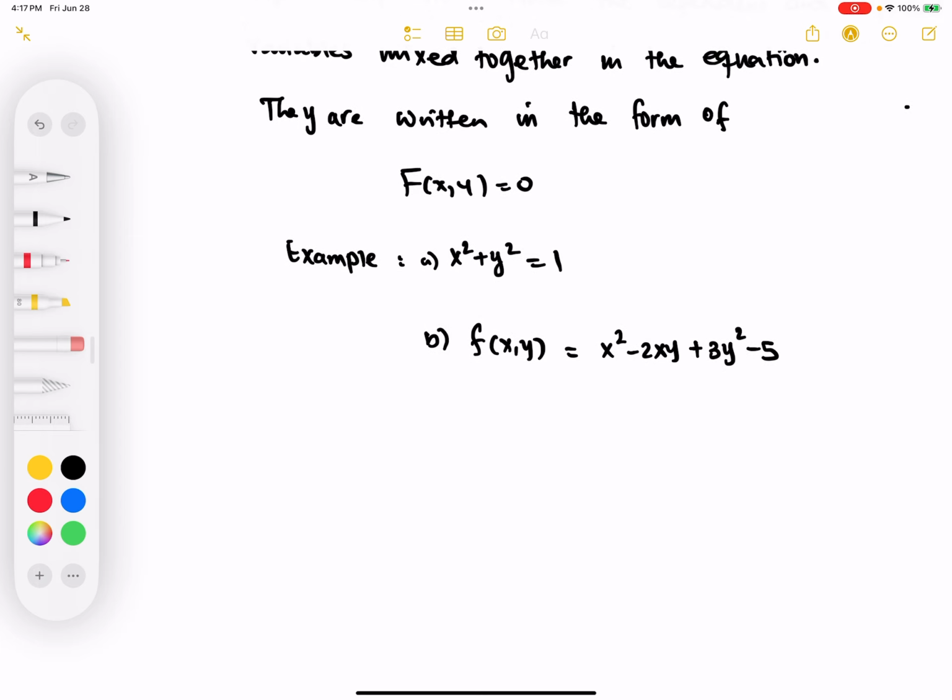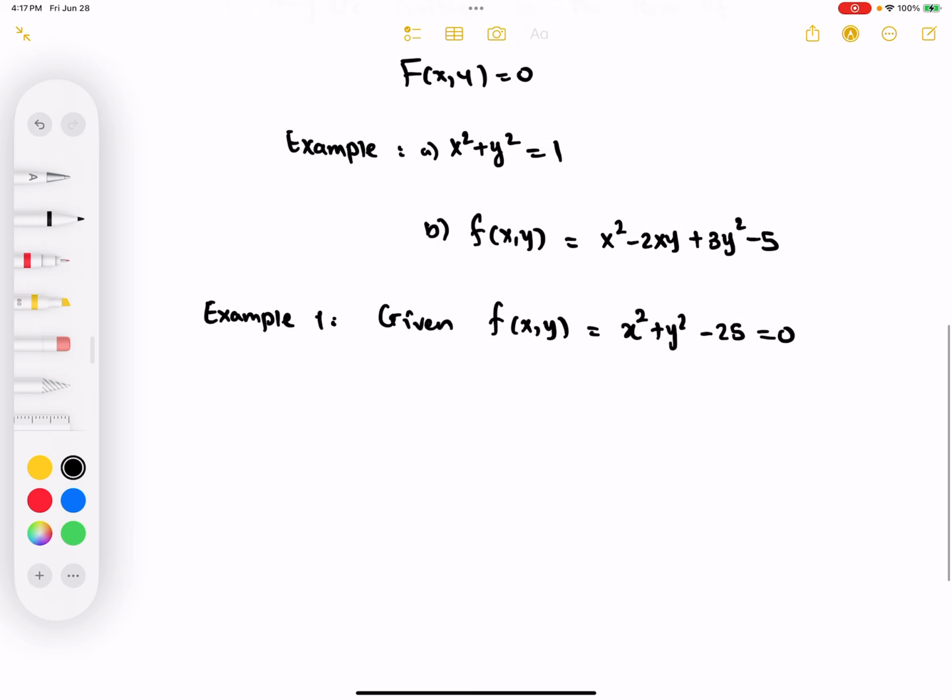Now, let's see an example of such type of implicit expressions. Example 1: given f of x, y is x squared plus y squared minus 25 is 0.